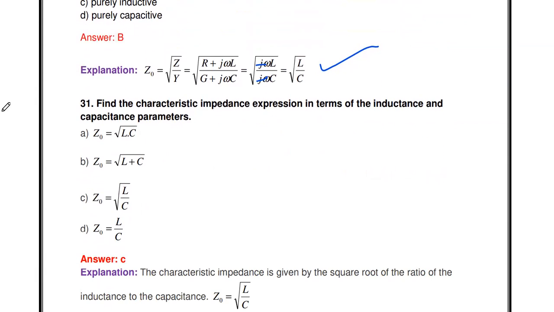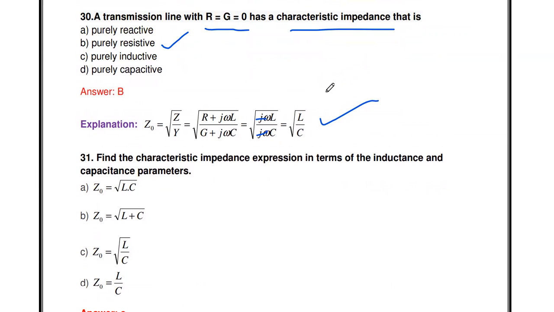Then the next thing: find the characteristic impedance expression in terms of inductance and capacitance parameters. This question is the same as the previous question.